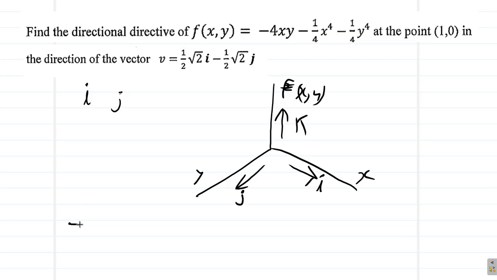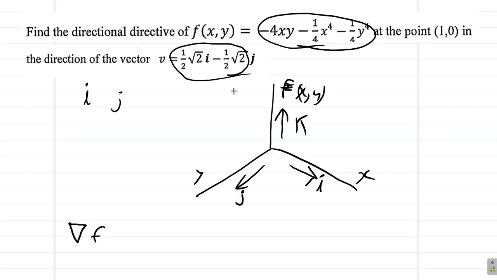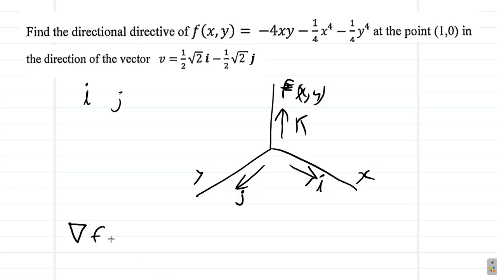But anyway, here we find the gradient of the function. And the result is going to be a scalar, because we're finding the gradient of this function and finding the dot product of that with this vector.